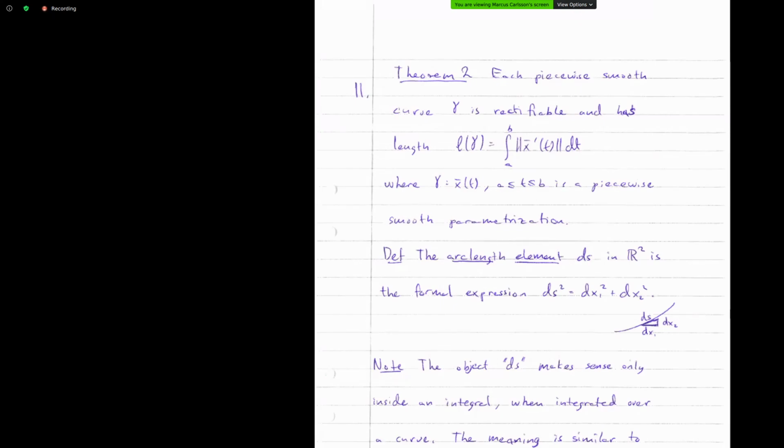Well, I still need to use this formula, right? So the length of the graph is the integral from a to b of the square root. And then I have to do the x1 derivative, but that's just one, right? If I differentiate t as a function of t, I get one. And when I differentiate x2, I get f prime, right? So here I get 1 squared plus f prime of t squared, dt, and of course 1 squared is just 1.